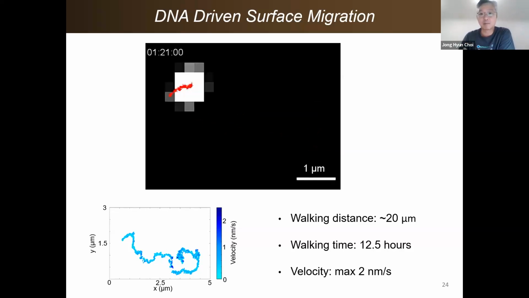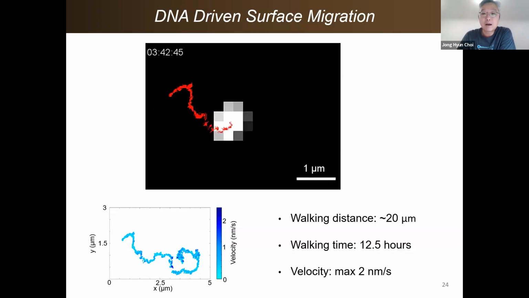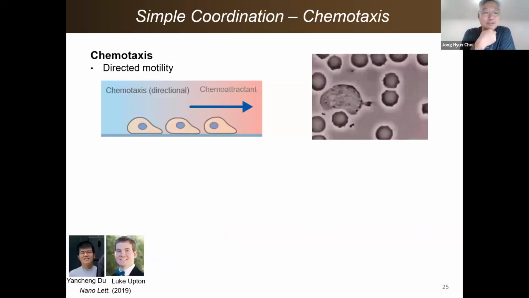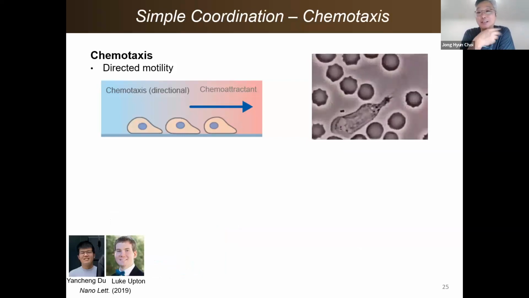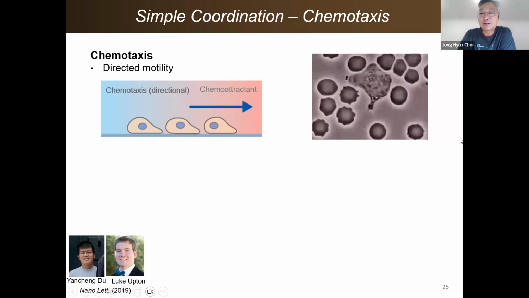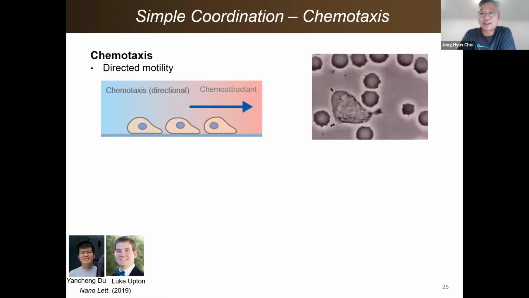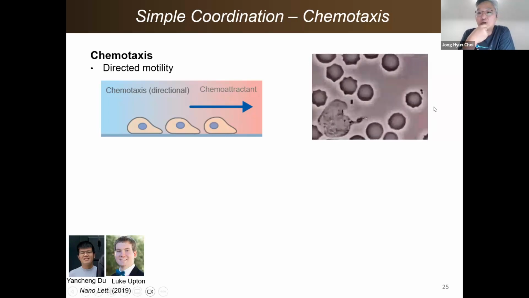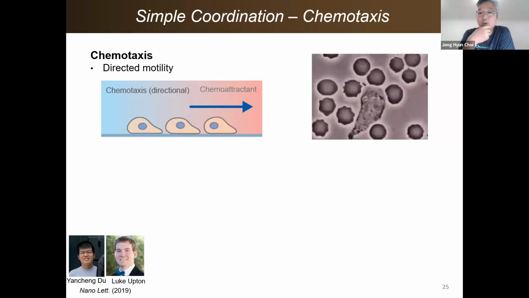With that, we wanted to explore more interesting cellular behaviors, such as chemotaxis. I assume everyone in the audience has seen this video of a neutrophil chasing bacteria, this chemotaxis.